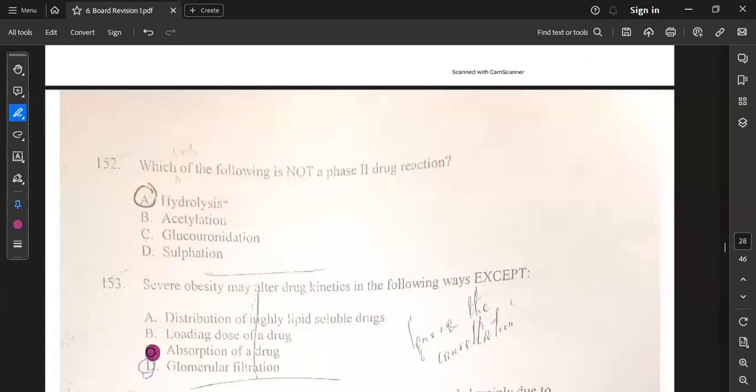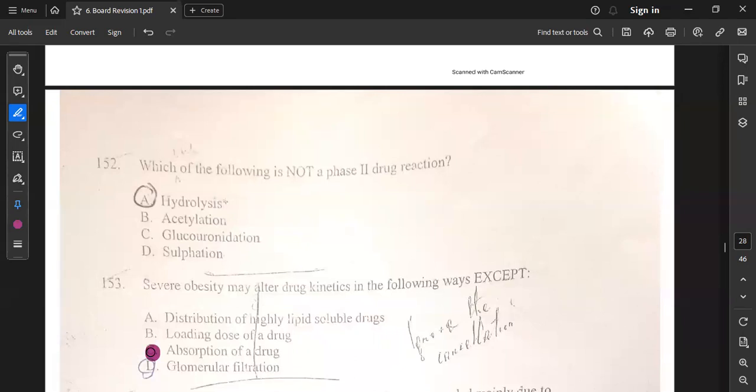But then, when we're talking about drug kinetics, aren't we saying that we're looking at the absorption, distribution, metabolism, and excretion? So here I found that obesity can modify the distribution of drugs administered through the skin and subcutaneously. That's one.